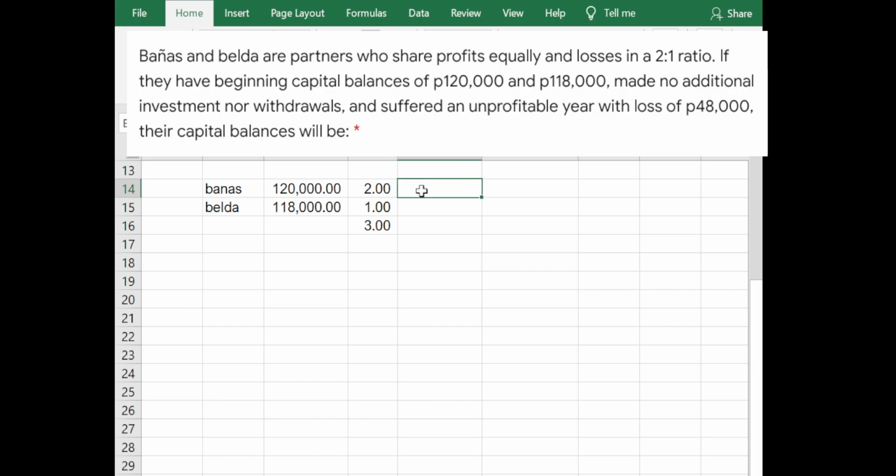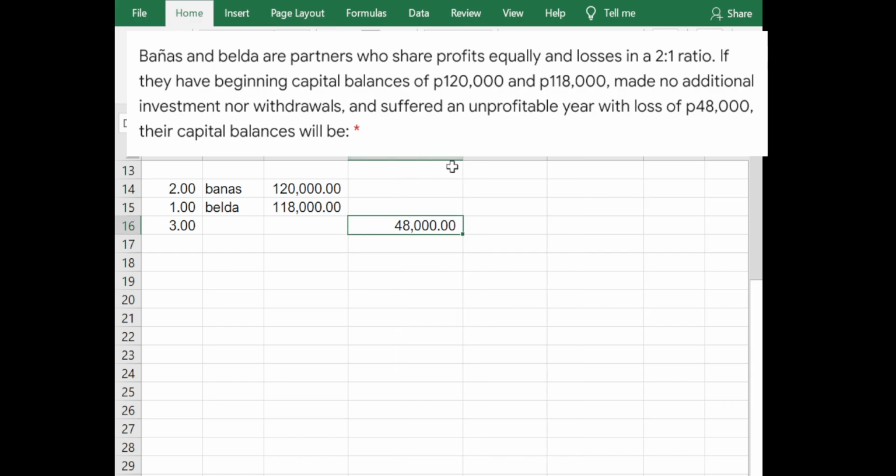Okay, and then let's move this over so it is better. Our loss is 48,000. This will be divided among the partners according to the agreement. So the 48,000, we multiply by 2/3. That means 32,000 is Banyas's portion.